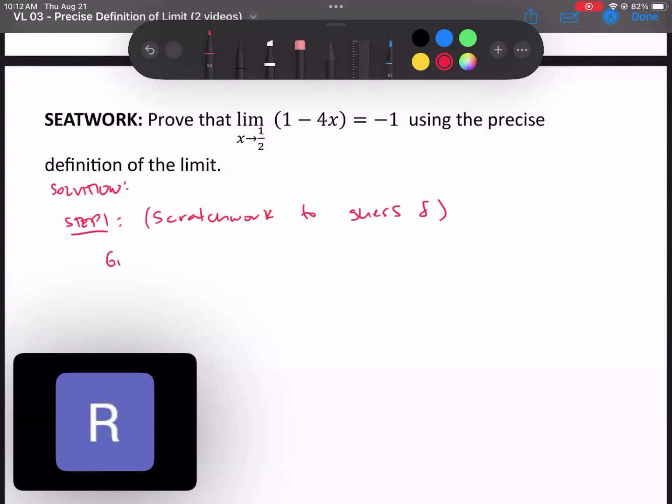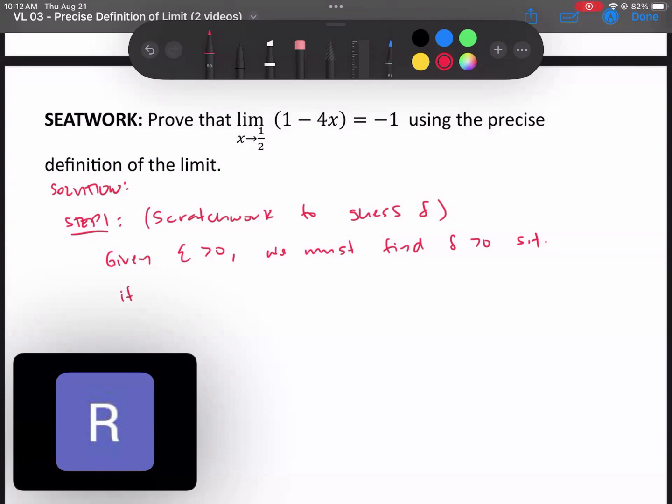So given epsilon greater than 0, our task is to find a delta greater than 0 such that, okay, so start with our premise in the statement at least. So this is what we wanna actually get at later on in step 2.